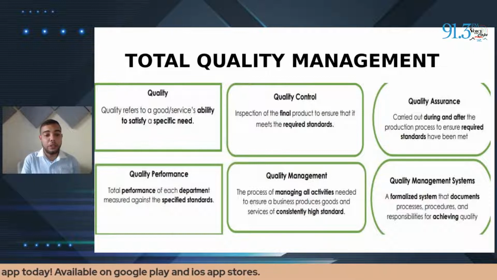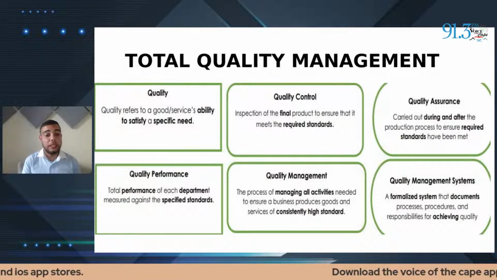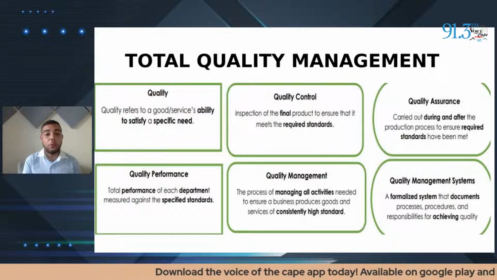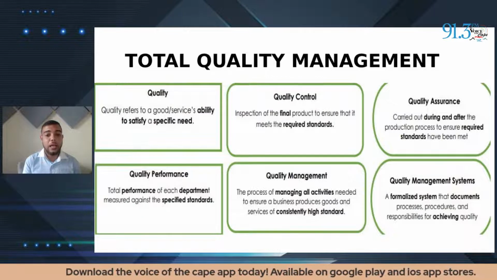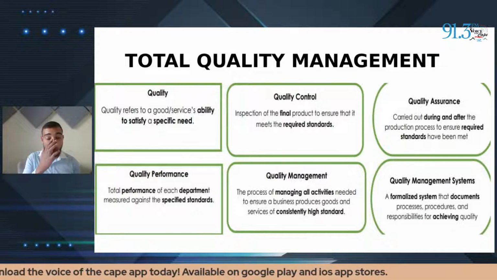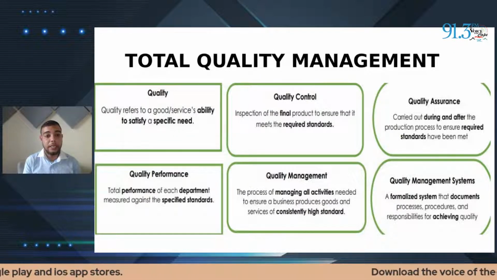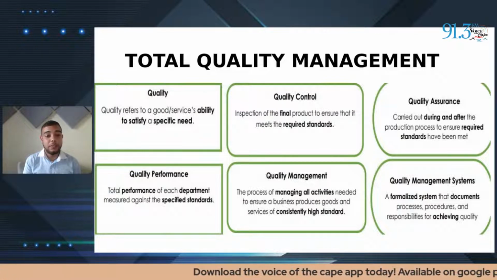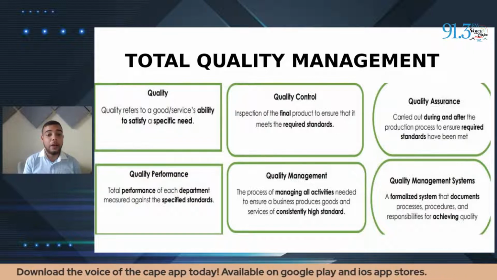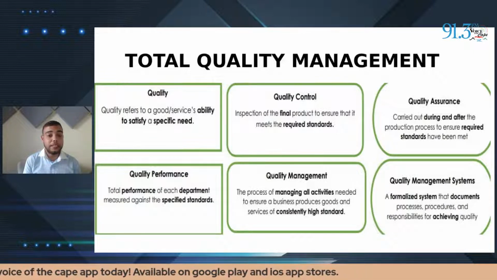Now we need to know the definitions of total quality management, or TQM. The reason for this is they will ask us these questions, and we need to understand what these terms are before we can answer any other question. So please, guys, look at the different terms on your screen so that you can understand them and then interpret it in your examination.